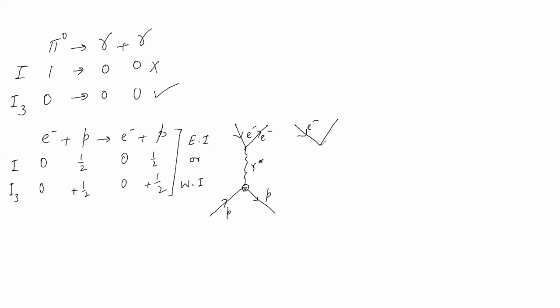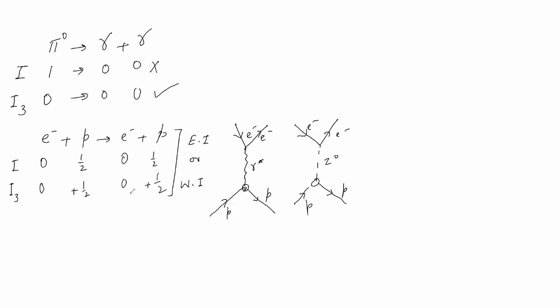Similarly, an electron has emitted a Z0 and the Z0 has been absorbed by the proton, and the proton has moved in some other direction. Here you have to be careful: I and I3 both are conserved, but this cannot be a strong interaction process, while this process can take place via electromagnetic interaction as well as via weak interaction.